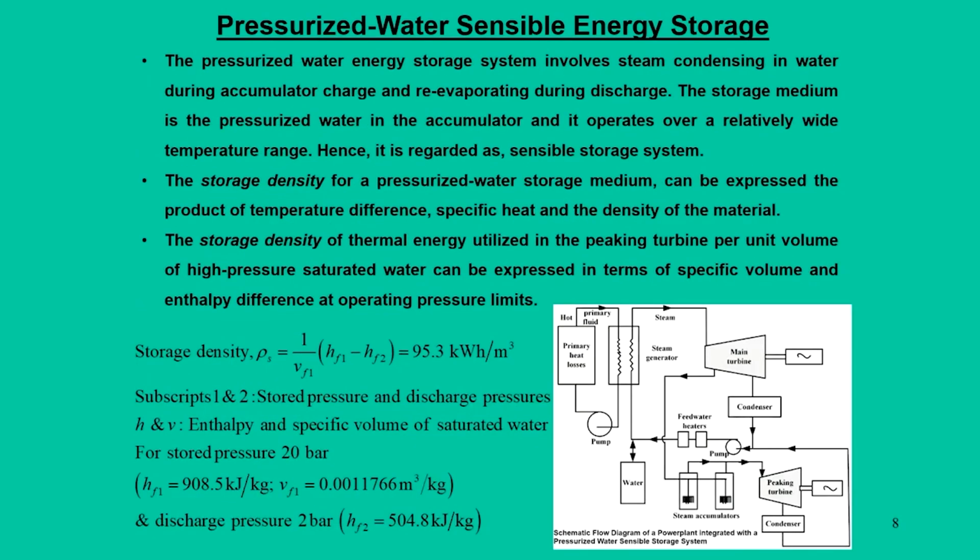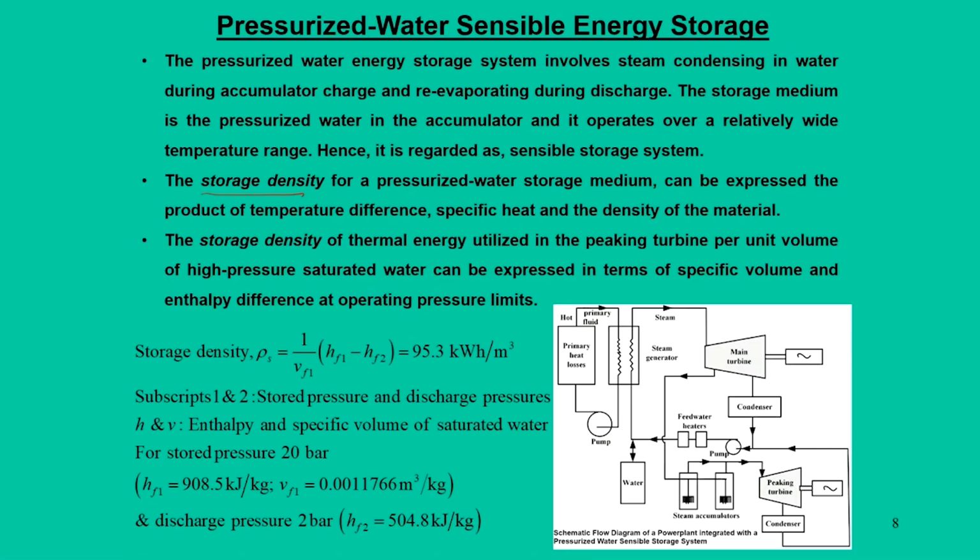So, to quantify these pressurized water sensible storage systems, we have some parameters. The first parameter is called the storage density. The storage density of a pressurized water storage medium can be expressed as a function of the product of temperature difference, specific heat and density of the material.